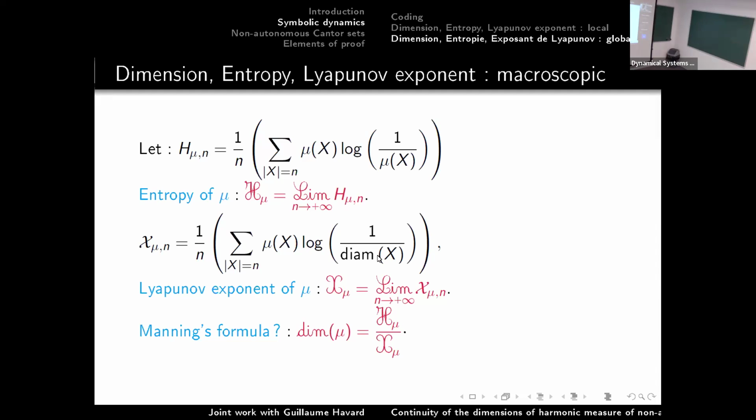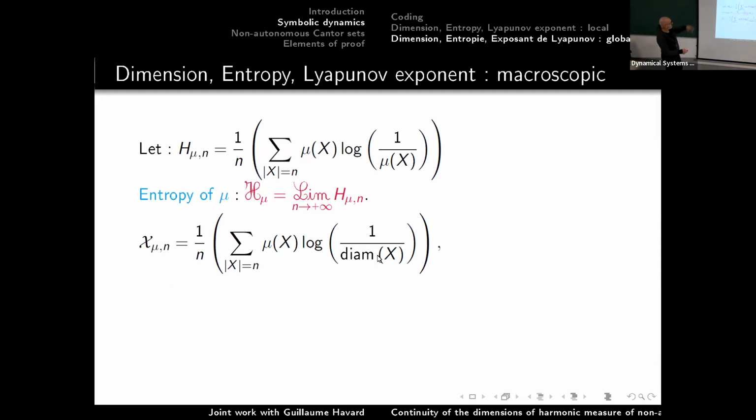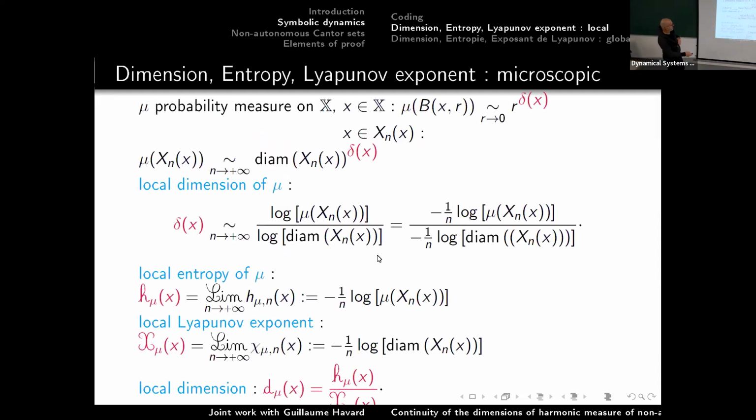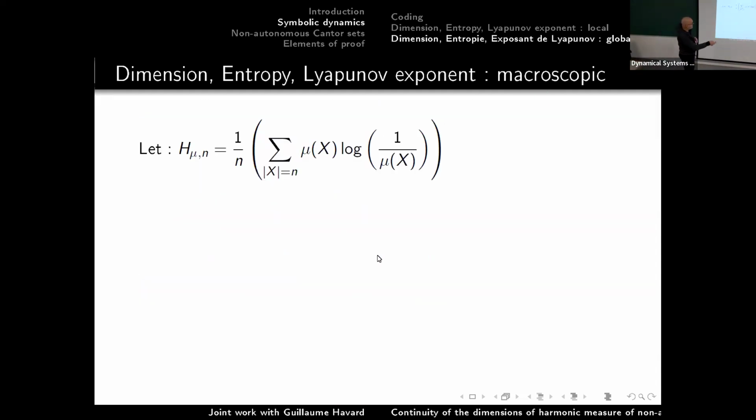Whenever you have a measure, the Hausdorff dimension of the measure is the essential limit infimum of log of mu over the log of the radius, of this guy.